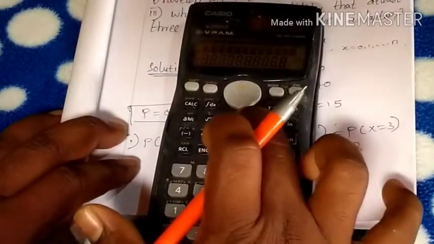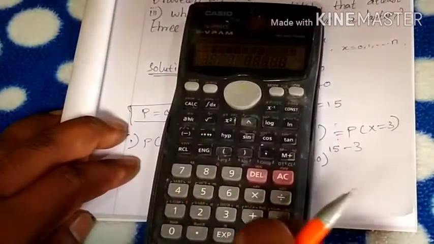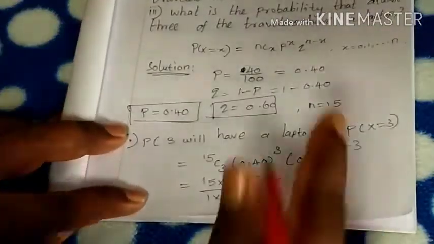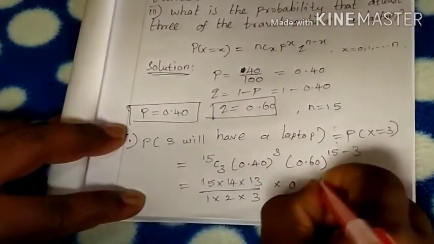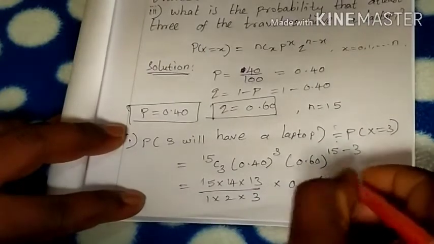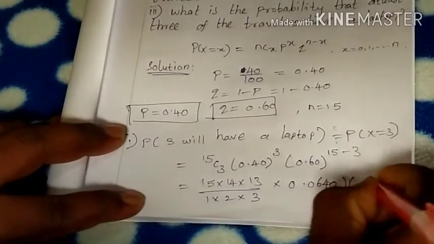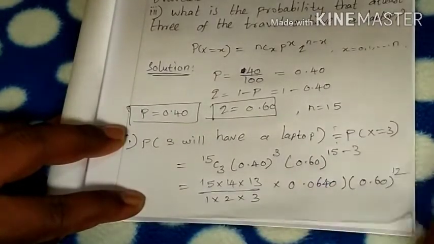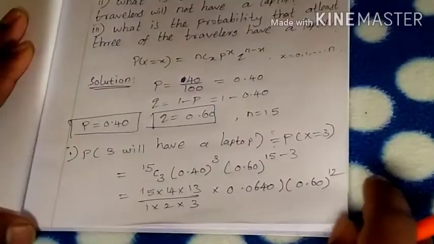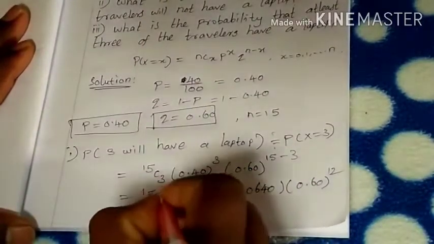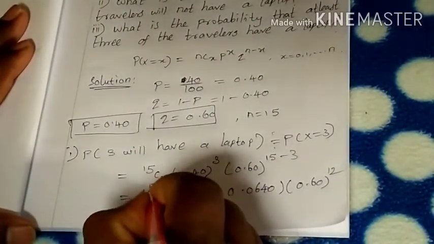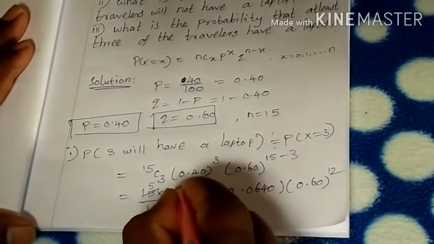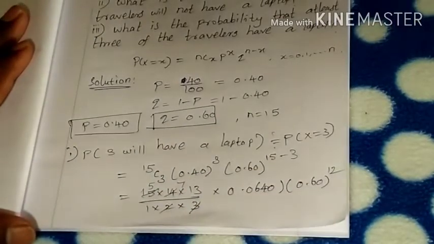0.40 power 3, so we get 0.0640. Then 0.60 power 15 minus 3 is 12. Have you understood the step? Using the cancellation, 1 3s are 3, 5 3s are 15, then 1 2s are 2, 7 2s are 14.